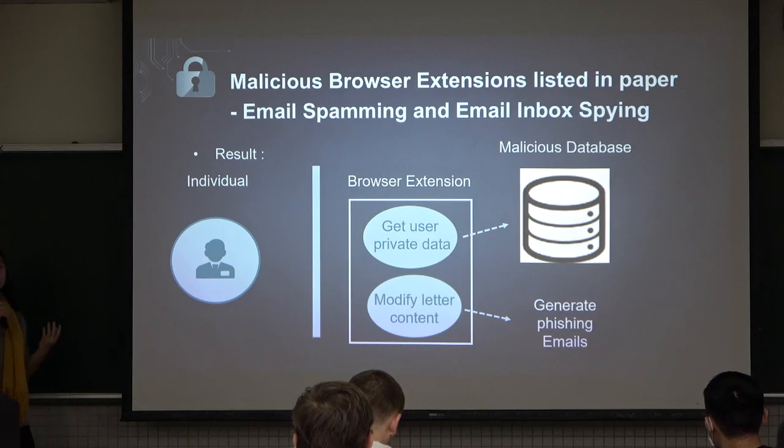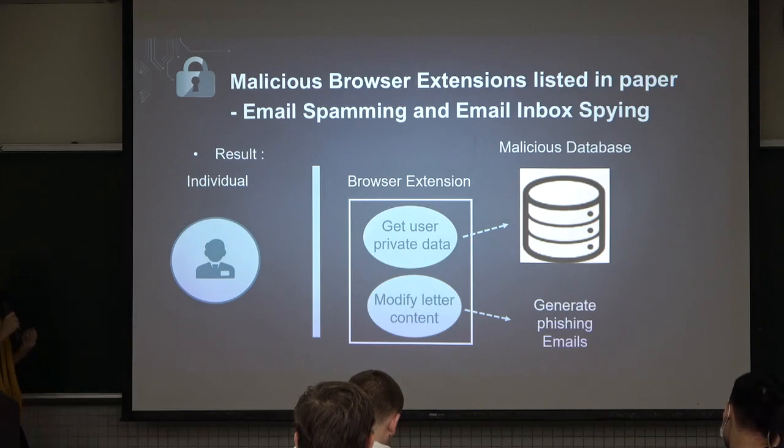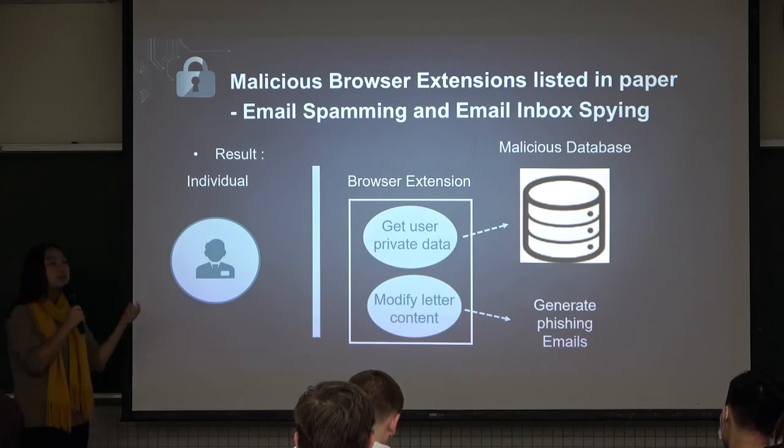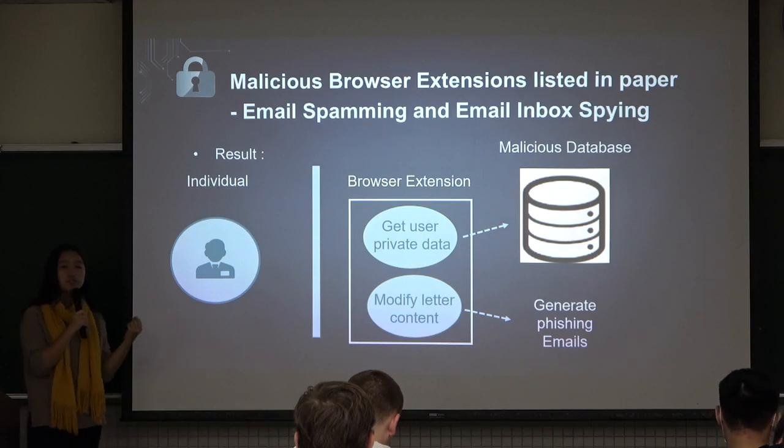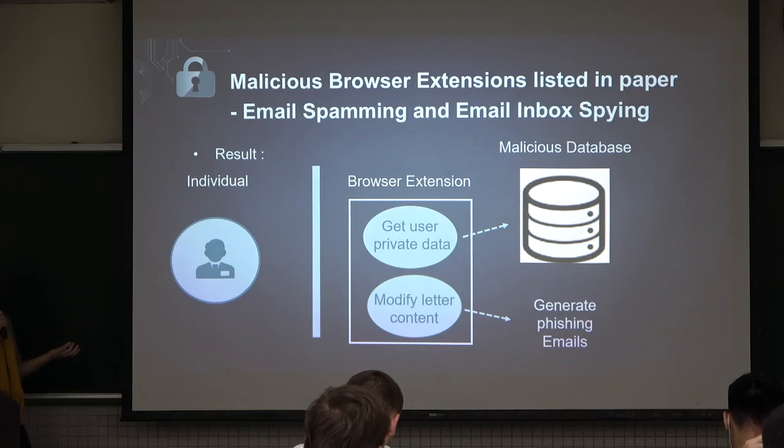Imagine the owner of the extension is a hacker, so he or she can use your account to get private data and send it to a malicious database. Moreover, he or she can also modify your Gmail content and generate phishing Gmails. So, for example, he can change the legal link in the Gmail to malicious ones with a zombie virus.